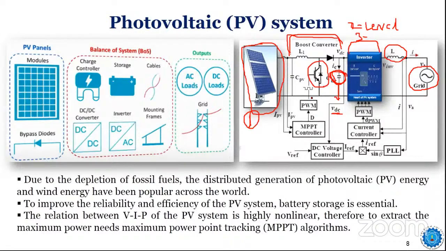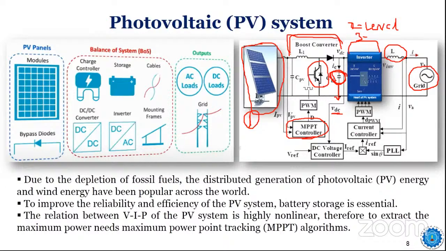So how do we control this switch? That switch can be controlled with the help of a maximum power point tracking controller. What it is doing and why it is important, we'll see afterwards. Here, just look over the block diagram only. You will understand in detail about the controller and how it is working.